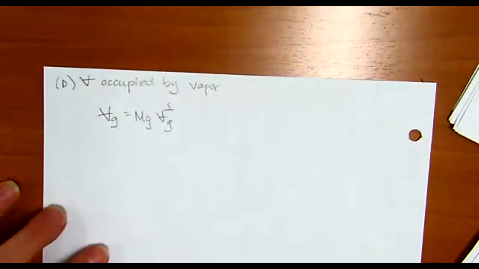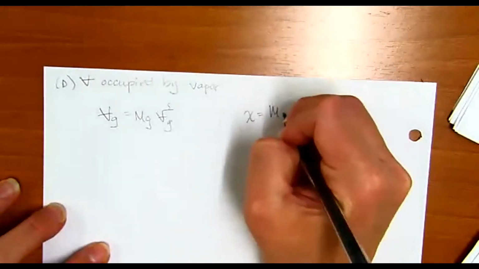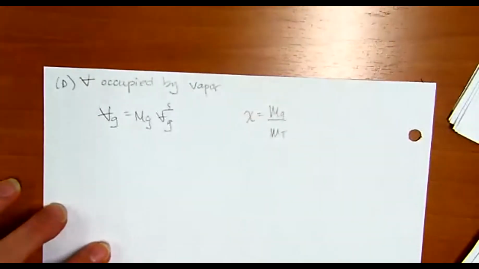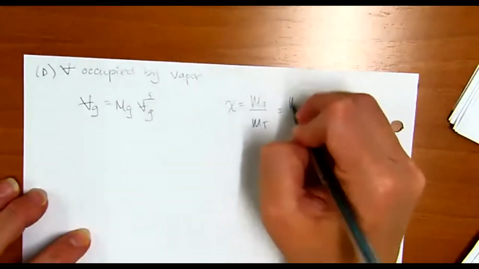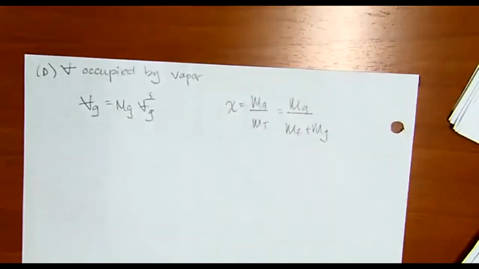That's the definition of specific volume. And we know that our quality is the mass of our vapor over the mass total, which is also the mass of our vapor over the mass of our fluid plus the mass of our gas.